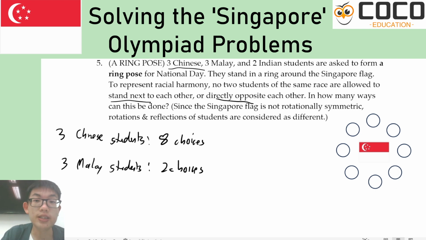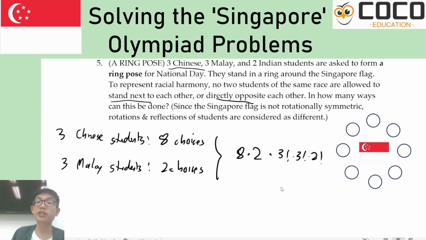And so the actual answer would be 8 times 2 and then 3 factorial, 3 factorial, 2 factorial for the positions of the students themselves, because the students are not identical to each other. Okay, and so this would be 16 times 6 times 6 times 2. This is equal to 1152 ways.